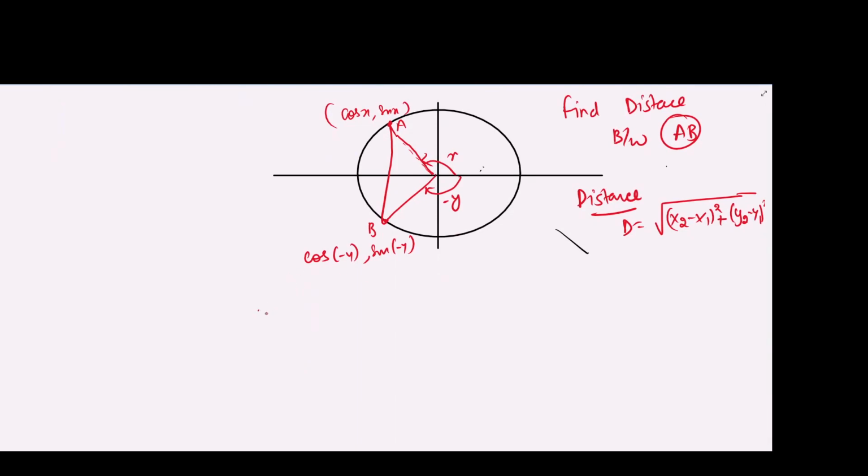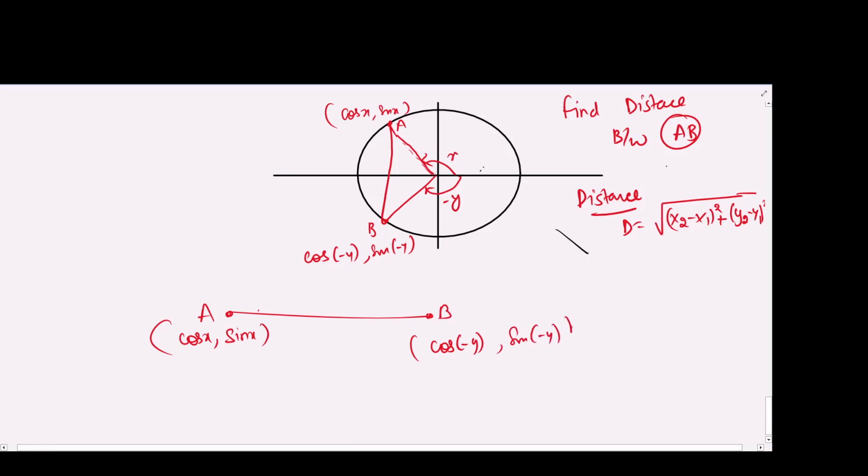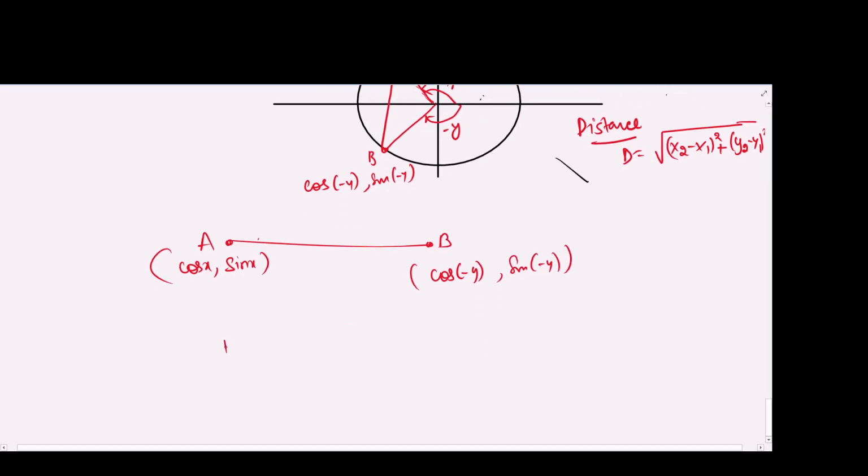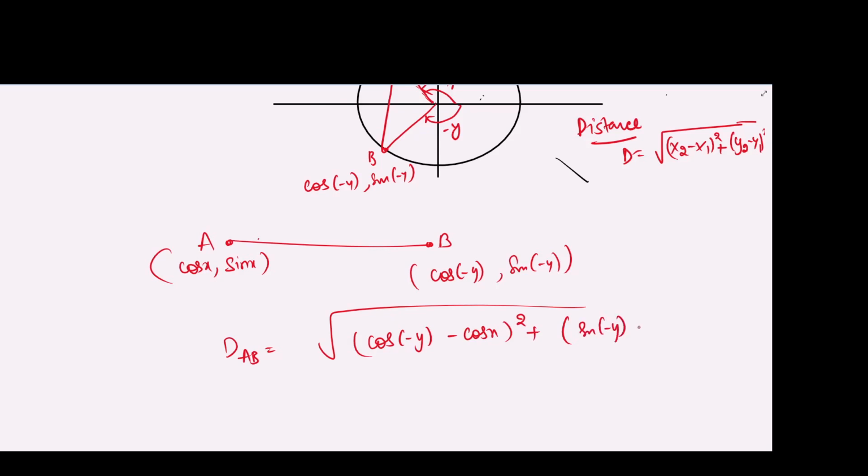So if this is a line A and B, here coordinates are cos x and sin x, and here coordinates are cos minus y and sine minus y. So distance AB will be cos minus y minus cos x whole square plus sine minus y minus sine x whole square. So this is first equation.